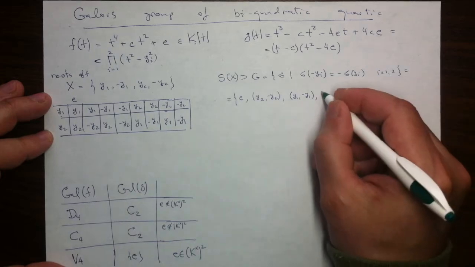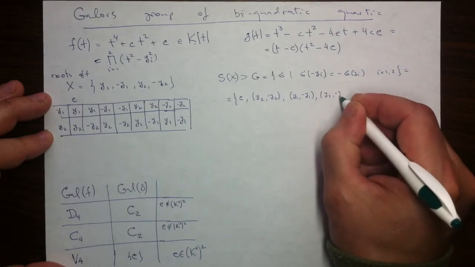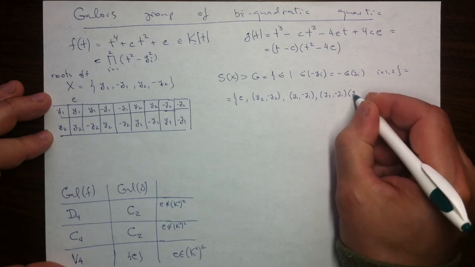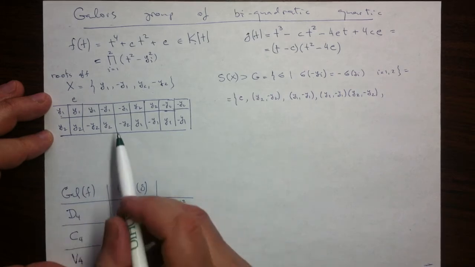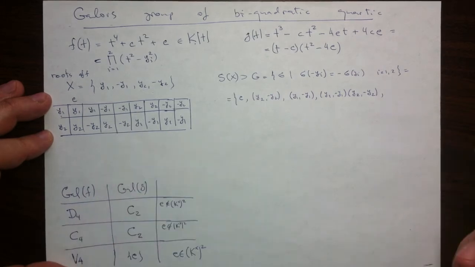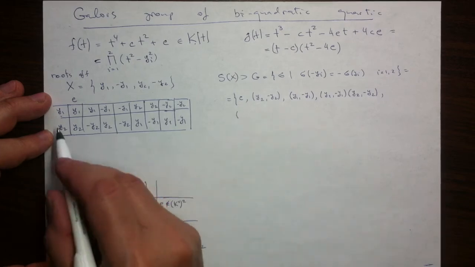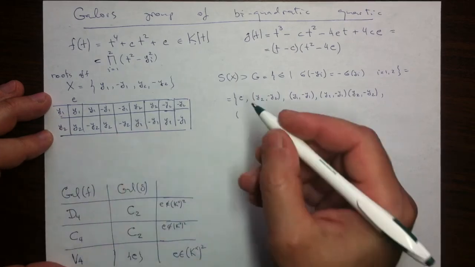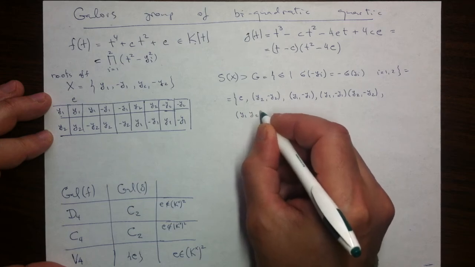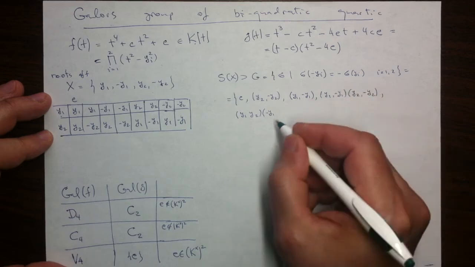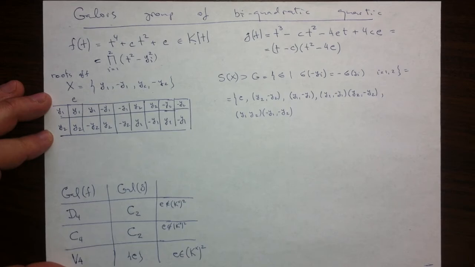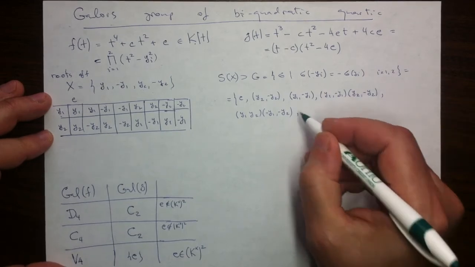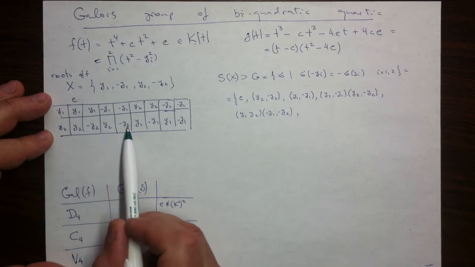Then I have a pair of transpositions, y1 flipped with its negative version, and simultaneously y2 and negative y2 are interchanged. So that is this column. This column, well, let me start a new line. This column says that y1 goes to y2 and y2 goes back to y1. And what happens with negative y1 is determined by the property that it goes to negative y2. So I have another pair of transpositions, and then where am I?